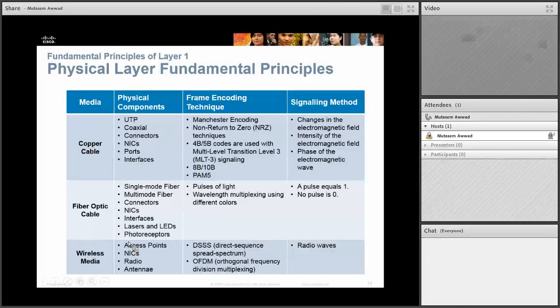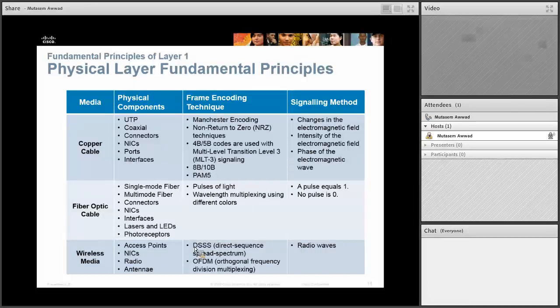When it comes to wireless media, you have two ways of encoding, which is really modulating, the data: either using direct sequence spread spectrum, which means taking the actual data that you're trying to transmit and spreading it over a bigger signal, or using orthogonal frequency division multiplexing, where you spread the signal out and pick the strongest signal to be transmitted.